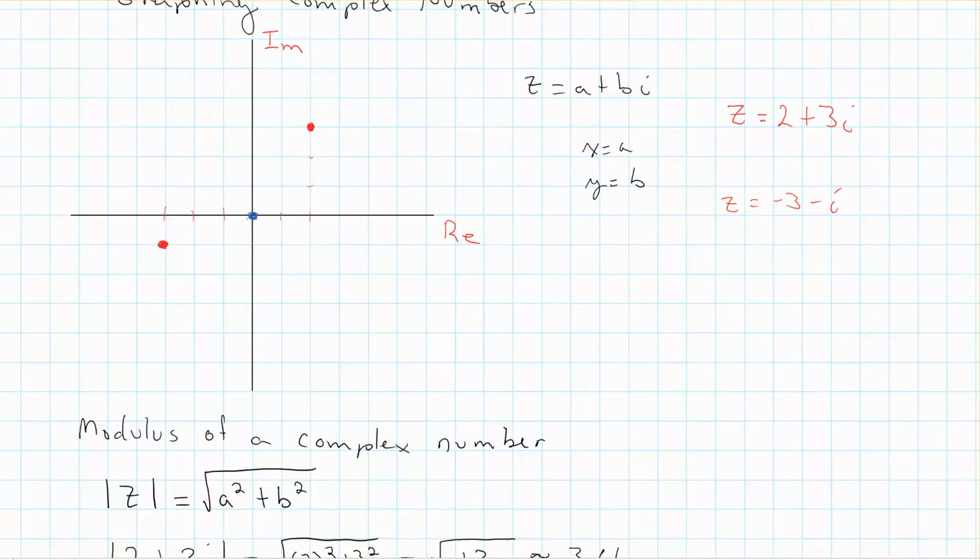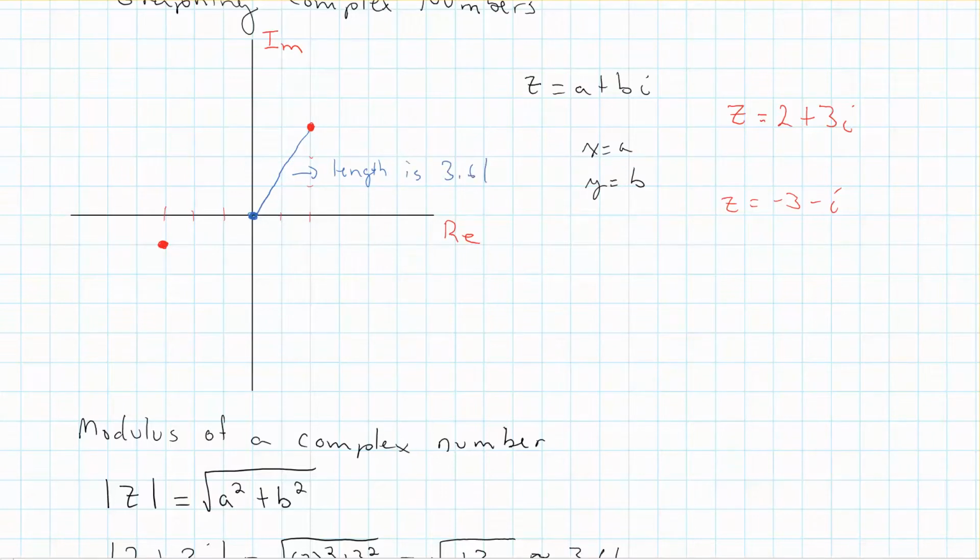And so we're saying, well, what distance is this point from the origin? Now, there's lots of ways you could do that distance, but if we're talking about the shortest distance, the shortest distance would be just a straight line. So if I were to draw a straight line here connecting this, the length of this line is 3.61.